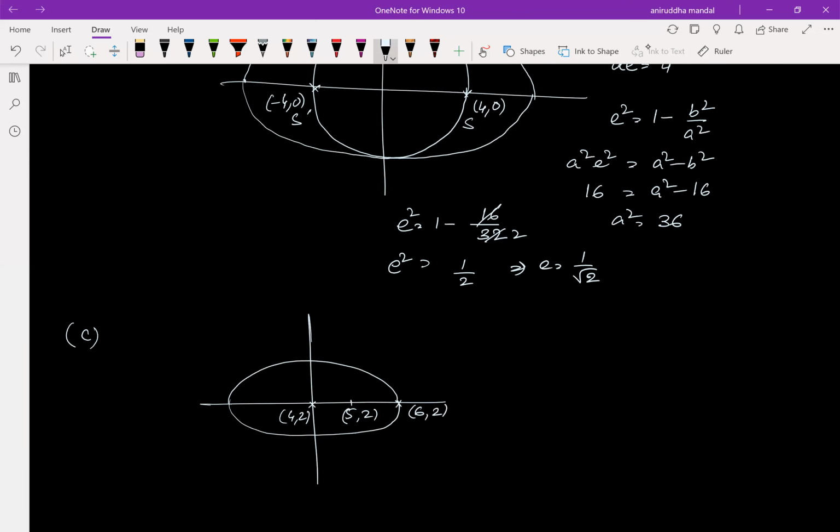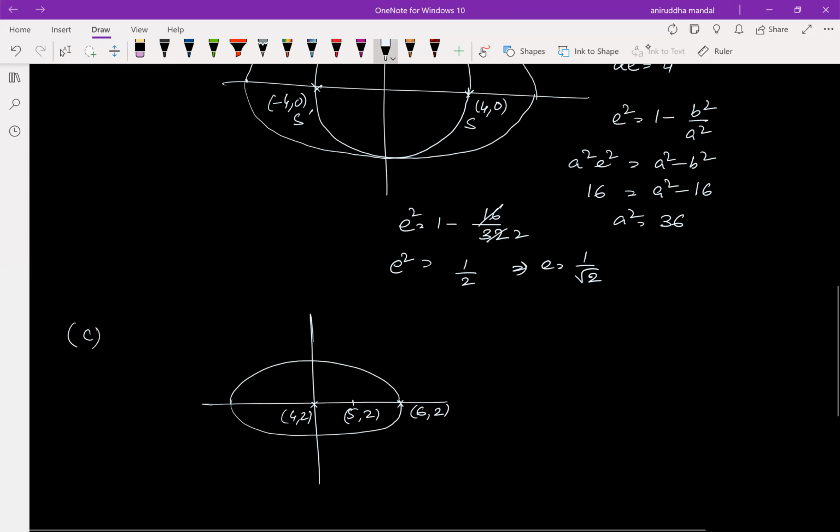So we have to draw the normal. This is the tangent at this point, and this is the normal at this point, which means this is the major axis of this ellipse. So this length is A and this length is AE.